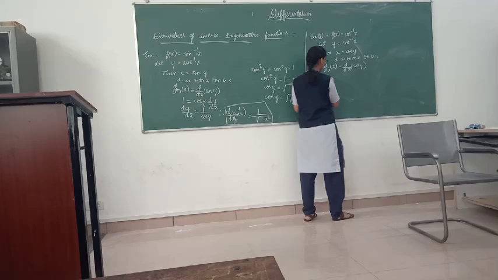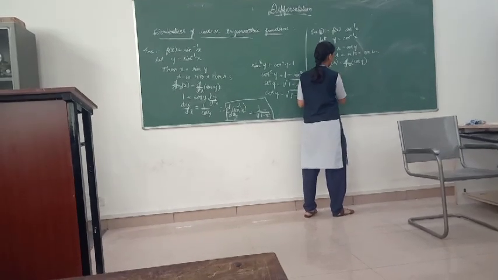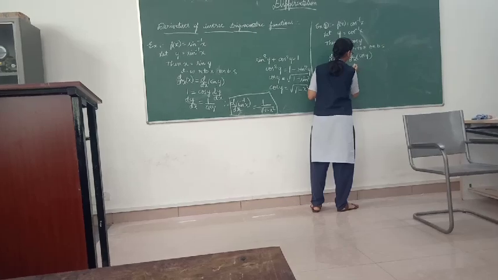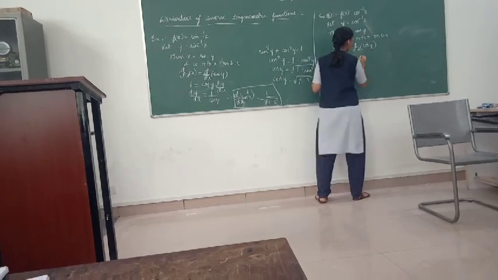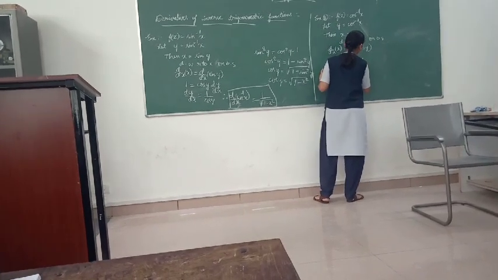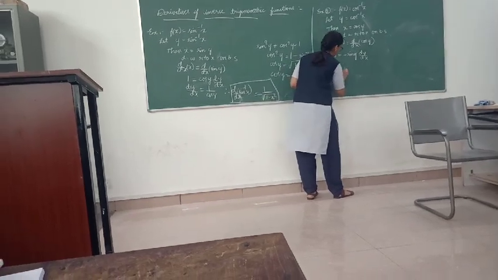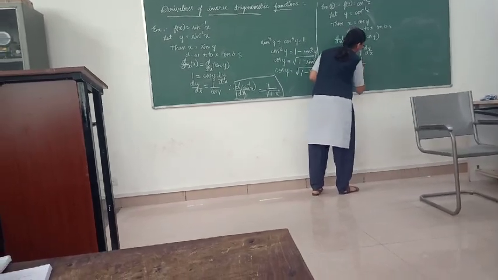Differentiation of x is 1 and differentiation of cos y is minus sin y, and y differentiation is dy by dx. So dy by dx is equal to minus 1 by sin y.